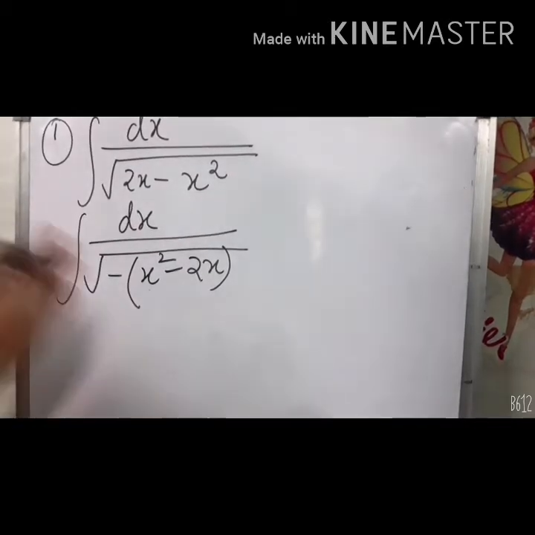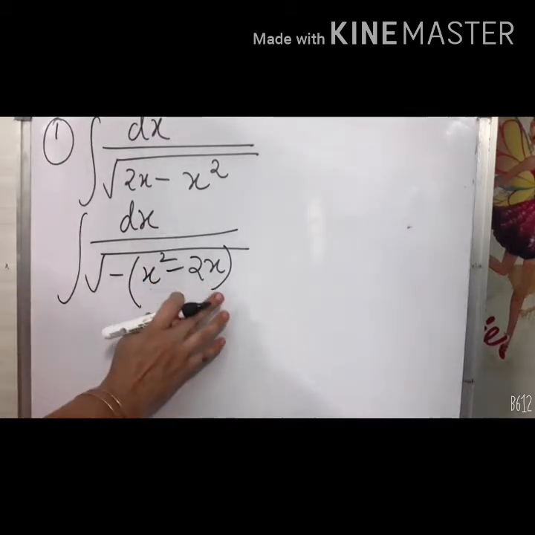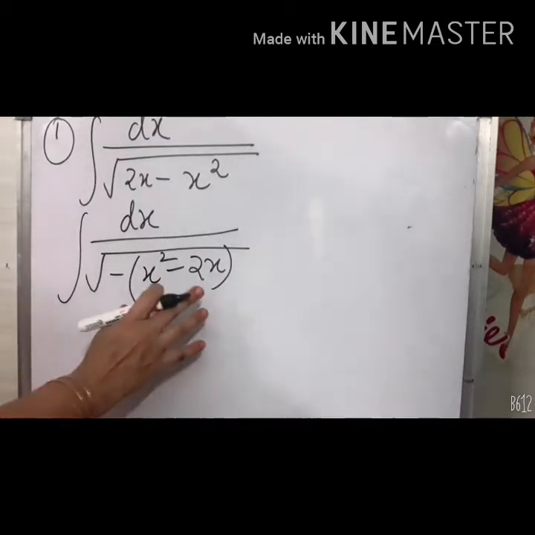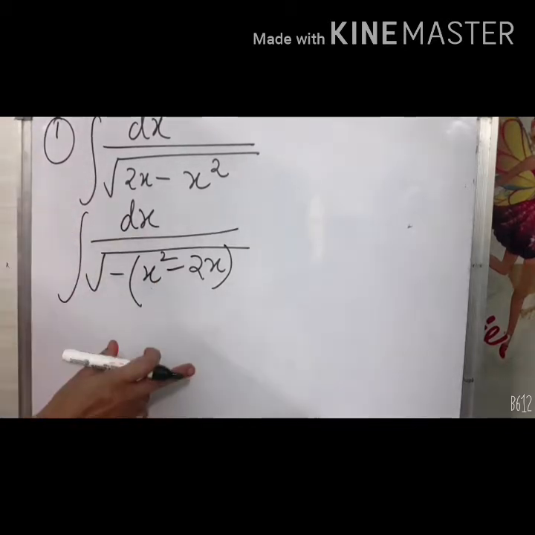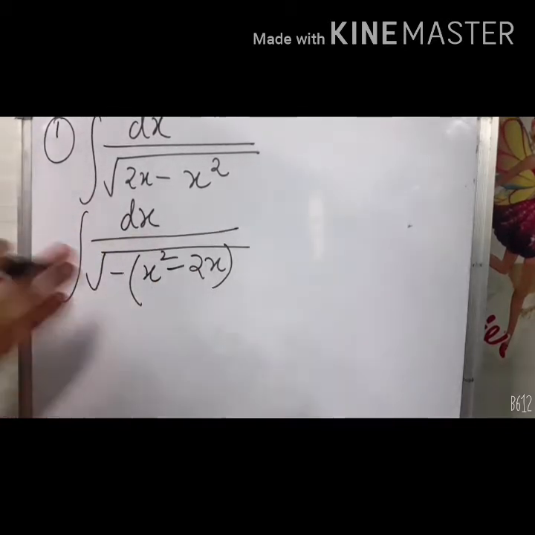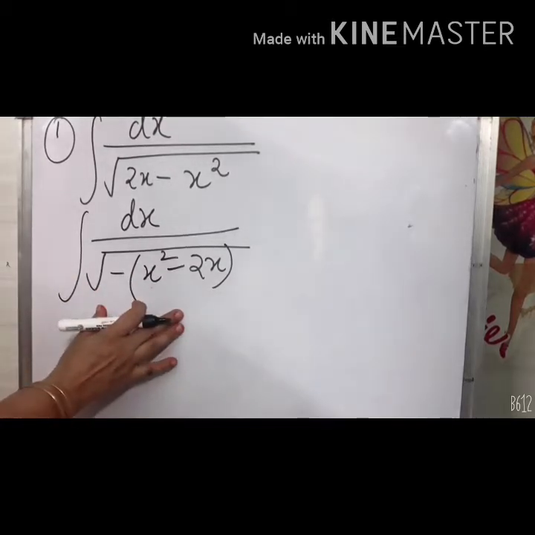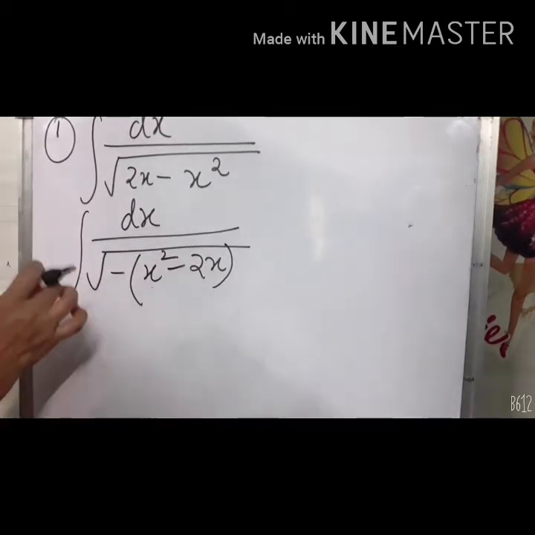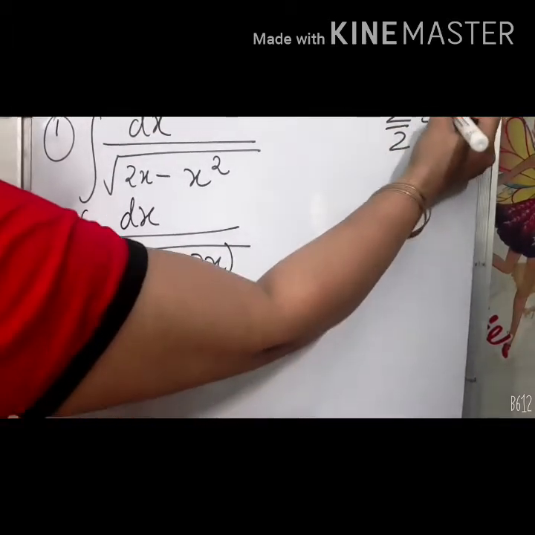Second step, what is the completing the square method? I am telling you, please listen carefully. The coefficient of x is 2. Take the half of the coefficient of x, 2 by 2 becomes 1.